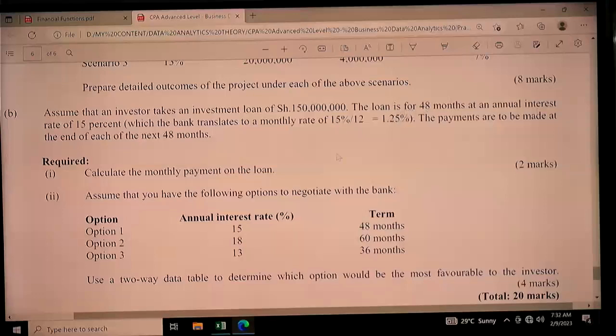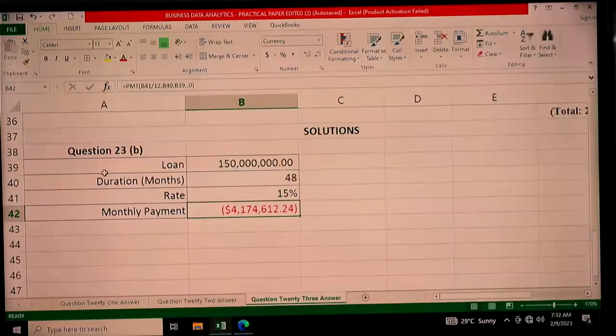So we are supposed to compare between the next two options. That is, in case the same amount of loan was to be paid with 18% and 60 months, then the other one to be paid 13% and 36 months. Then, after evaluating this, you are supposed to use the power of Excel. I know some people will be tempted to do like this.